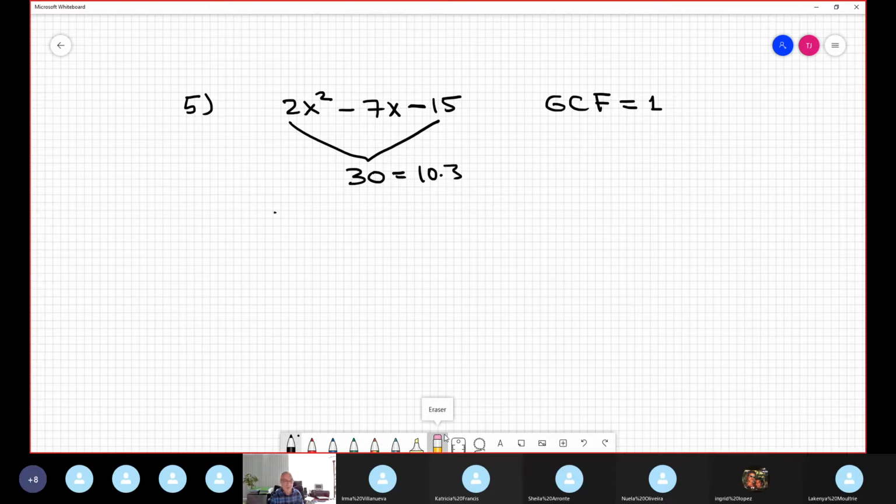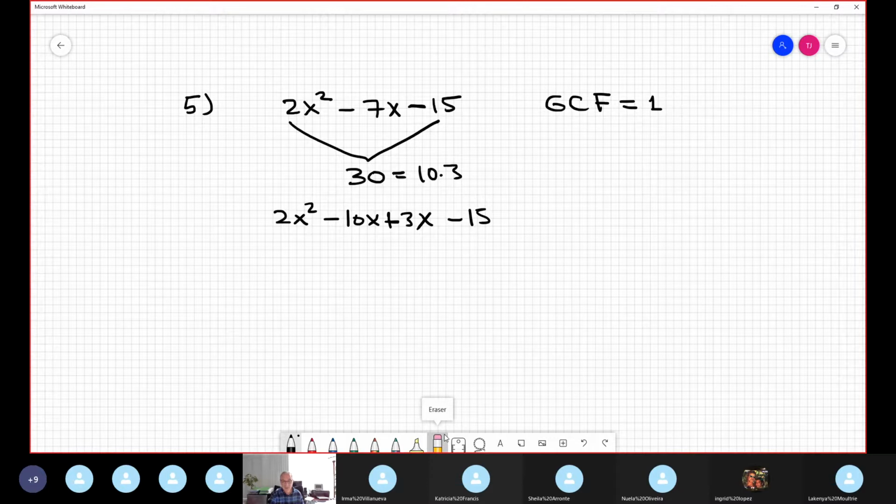Perfect. So I bring down 2x squared. I bring down 15 with the corresponding sign, of course. And you separate negative 7x into negative 10x plus 3x. Why negative? Because if you combine like terms, negative 10 and positive 3 is negative 7, like the original.